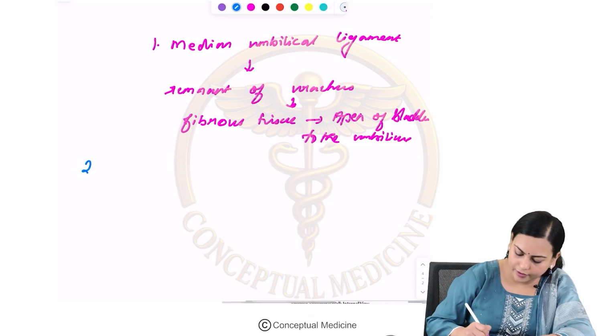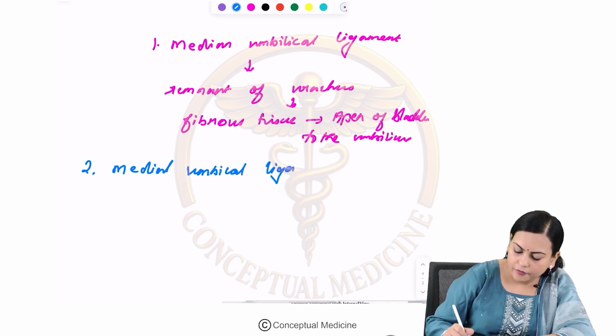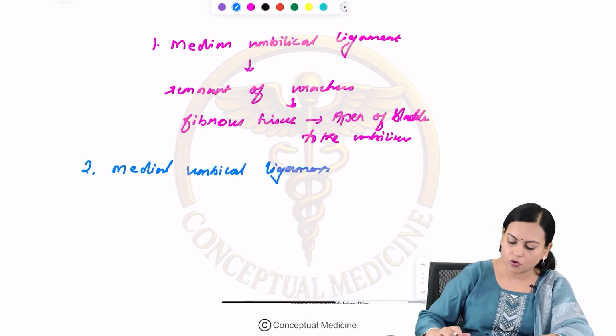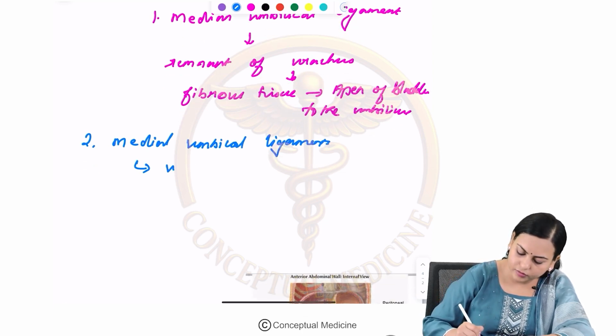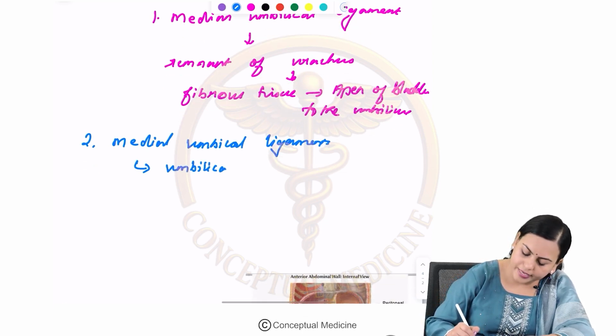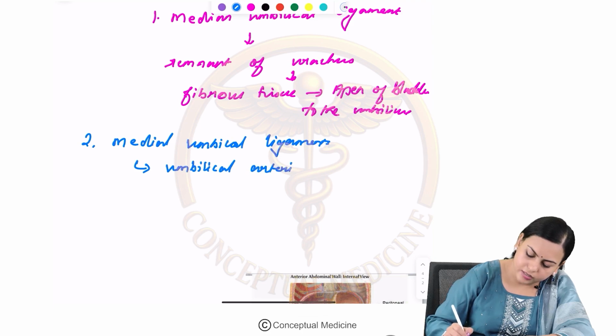Then you will have the medial umbilical ligaments, which are the remnants of umbilical arteries that are seen bilaterally.